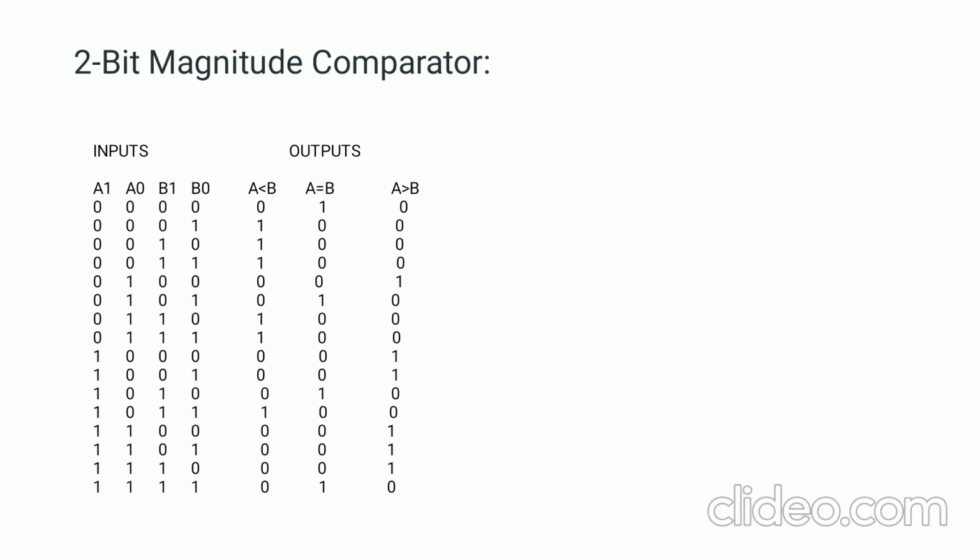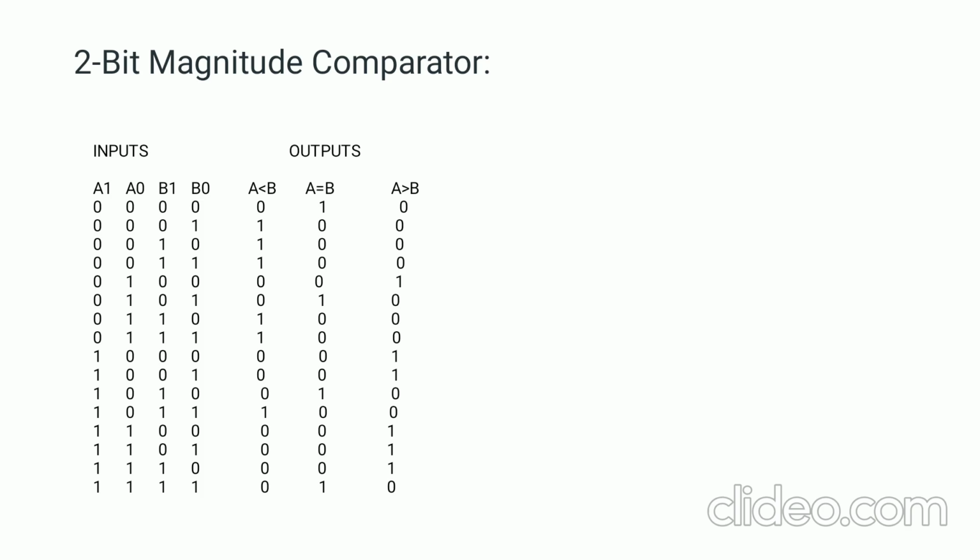The first case of the 2-bit magnitude comparator is where all the inputs are 0. Here A1, A0 are 0, and B1, B0 are also 0. So both A and B have the value 0. Since it is equal value, it is going to produce the result A equal to B as high output.